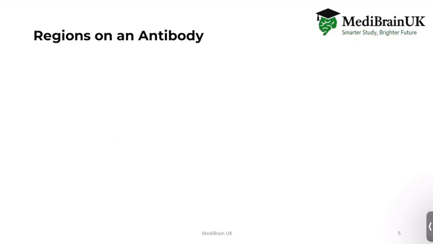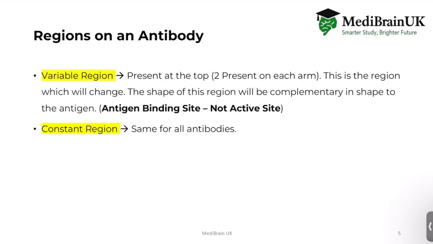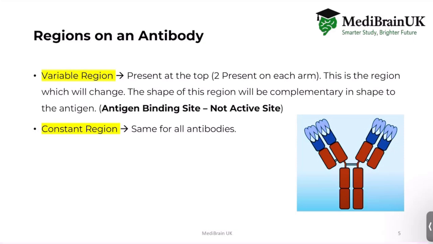Now, in terms of the regions of the antibody that you need to be aware of, there are 2 regions. You have your variable region and you have your constant region. The variable region is the part of the antibody which is going to be different. Obviously you're going to have different shaped antibodies with different sites of action, because all antigens are different.